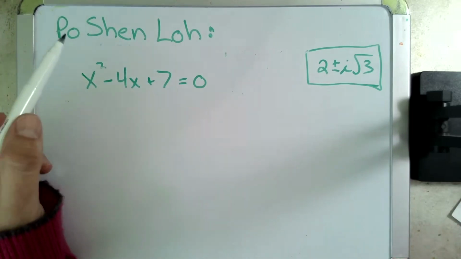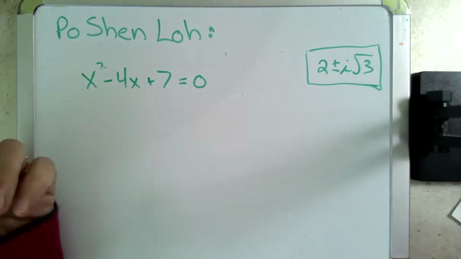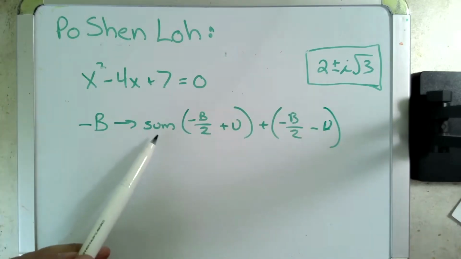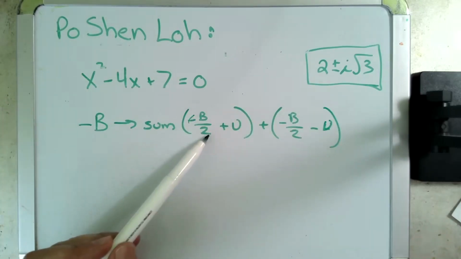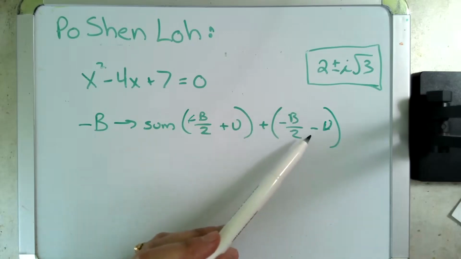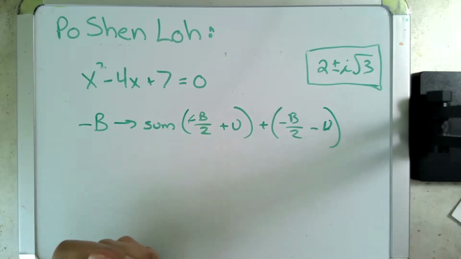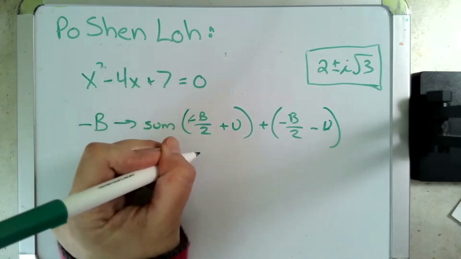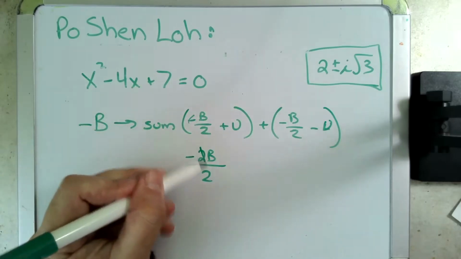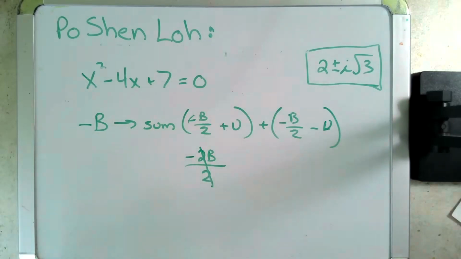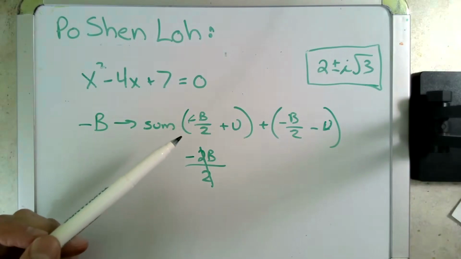The way this method works is it says that negative b is created by the sum of negative b over 2 plus some value u plus negative b over 2 minus some value u. If you were to put those together, right? Negative b over 2 plus negative b over 2, that's 2 negative b's over 2, or negative b, and u plus minus u disappear.